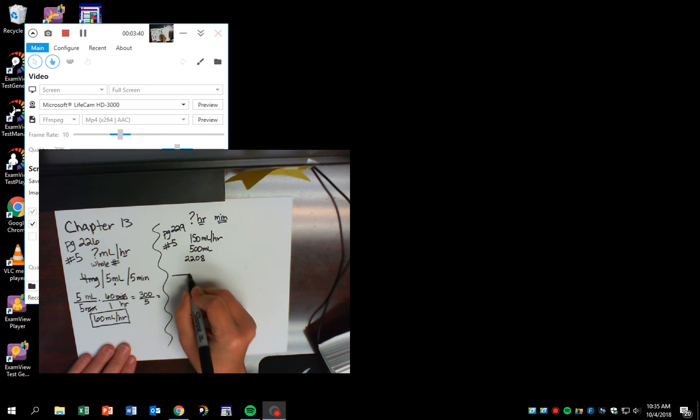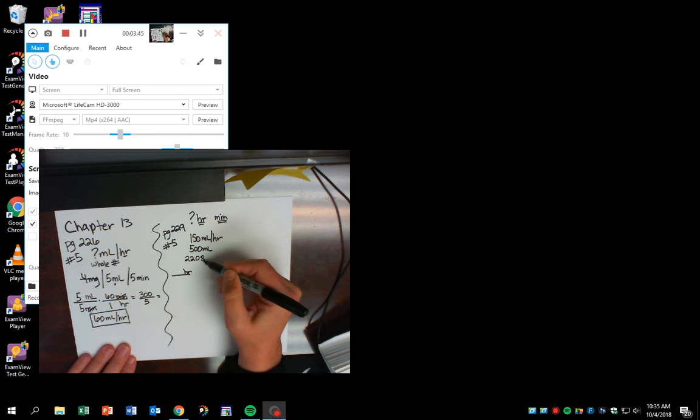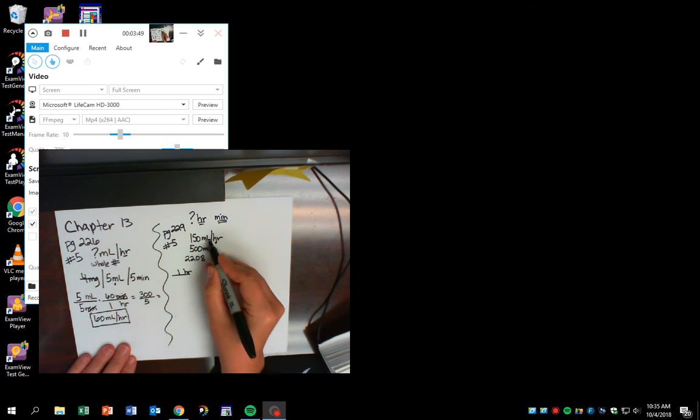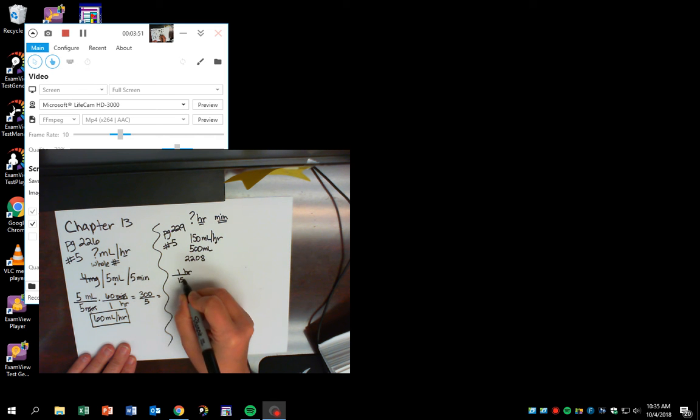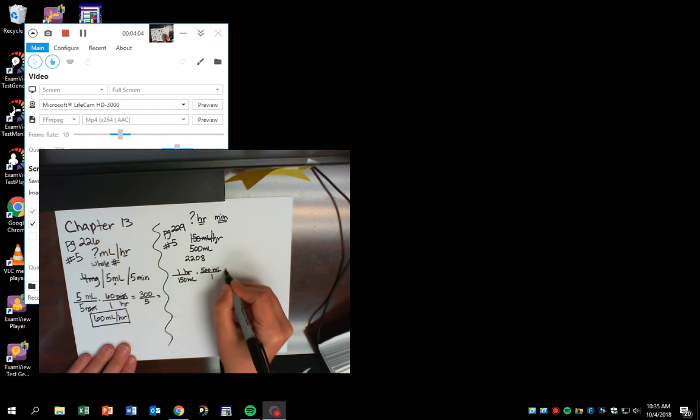So we again need to solve for hours. So I'm going to start with hours first. I'm looking at my information here, and I have hours right here. So I'm going to put 1 hour is equal to 150 milliliters. So that uses that. Since this is milliliters, I have to have milliliters next. And so I'm going to plug in my 500 milliliters there, and I'm just going to put that over 1.